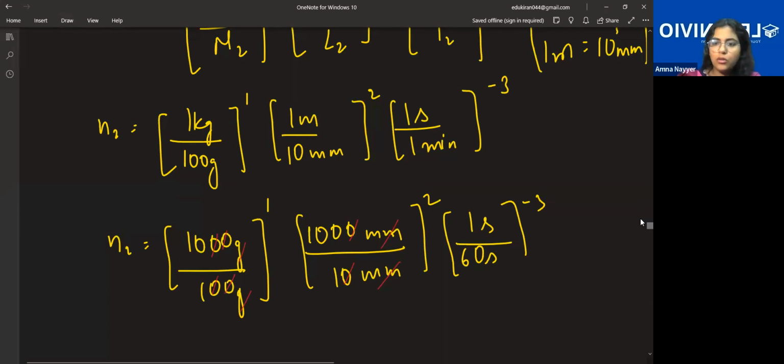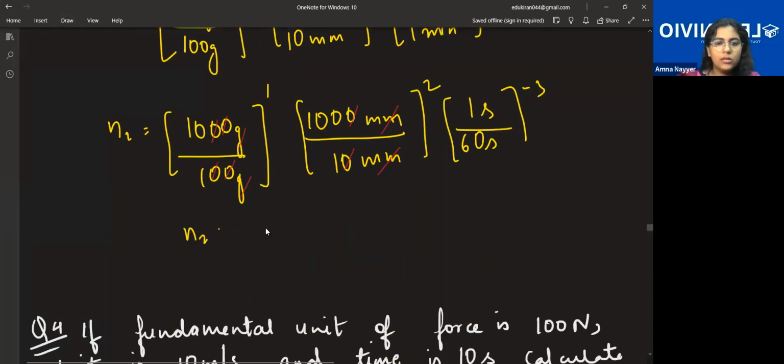So what do we have now? N2 is equal to, this is 10. See, this is 100, but 100 into 100, power is squared, so that becomes 10 to the power 4. And see, 60 is in the denominator. So when 60 goes up into the numerator, the power will become positive.